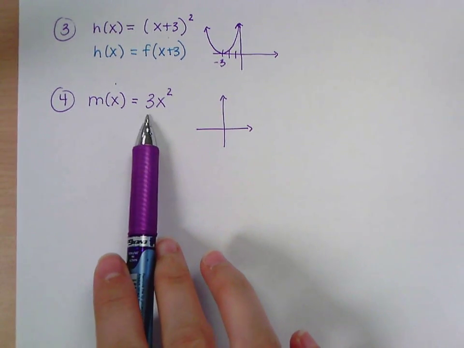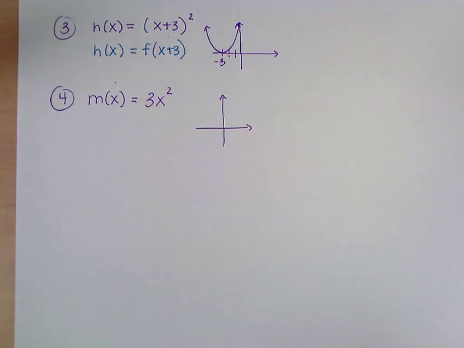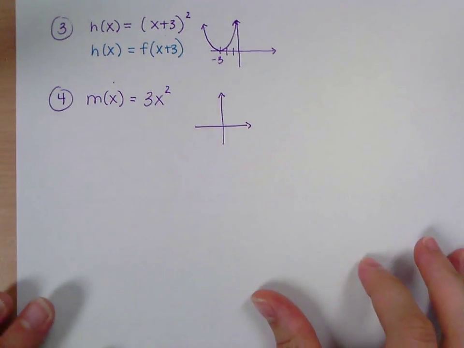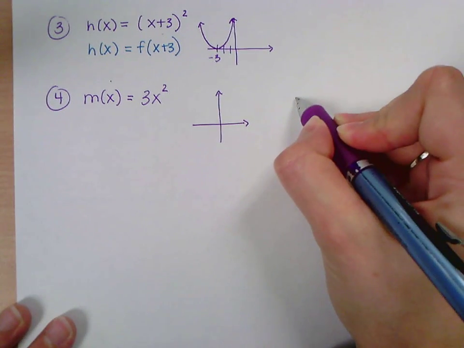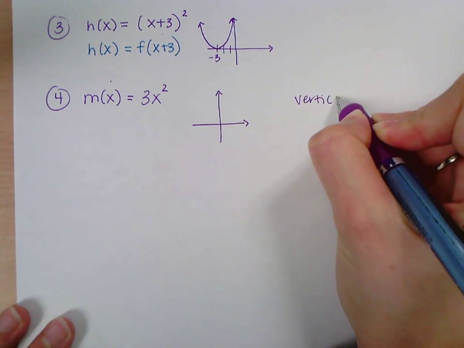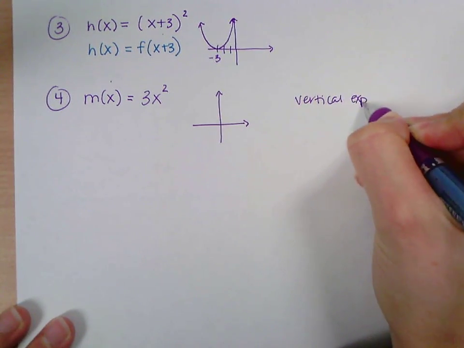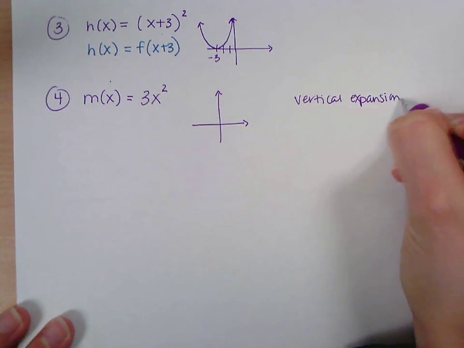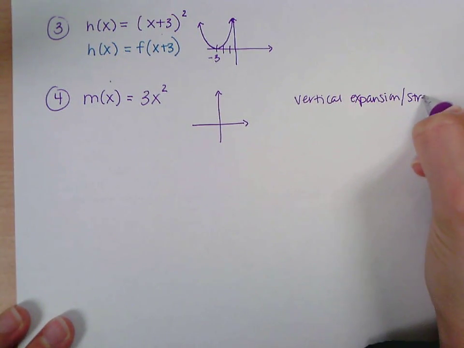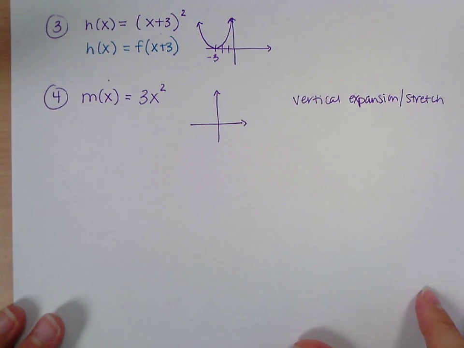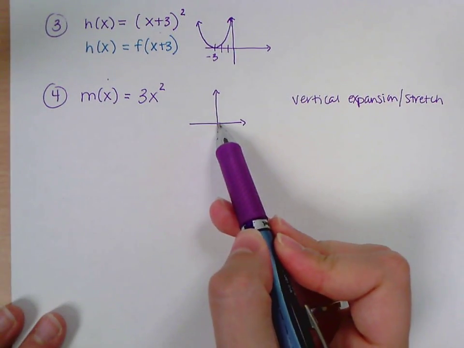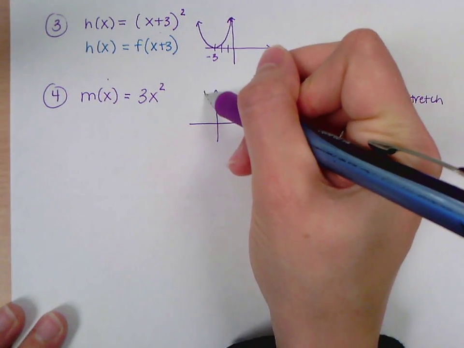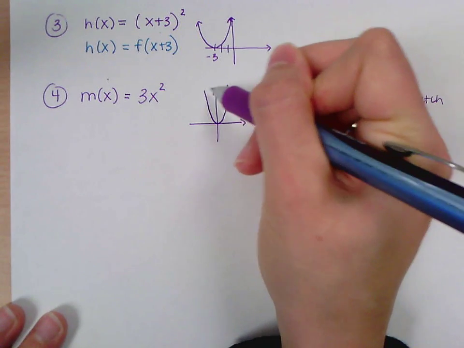So if it's 3, is that going to be an expansion or compression? Expansion, yeah. So this would be a vertical expansion, or you could say stretch. The origin is still the vertex, but now it would be skinnier.